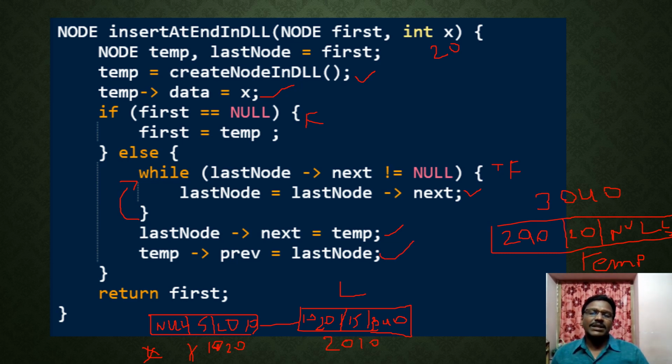Return first, 1020 is returned. Now onwards, the first node is representing 1020, the first next 2010. Again, first next is 3040. Next, the first next is null. This is the end of the existing list, and the node is added to the end of the list.